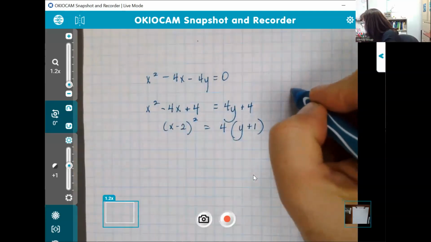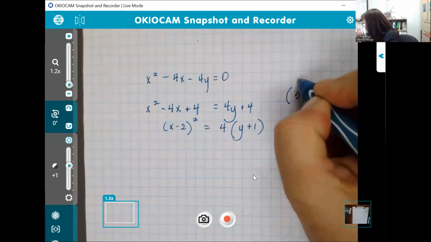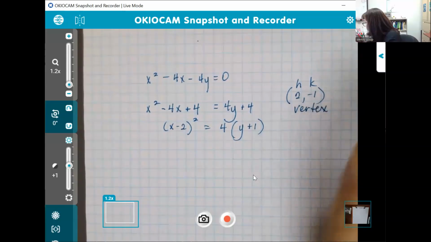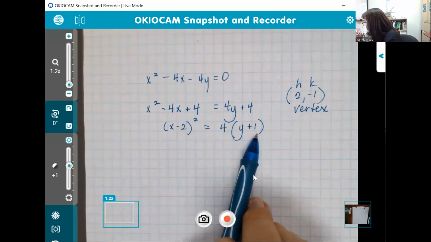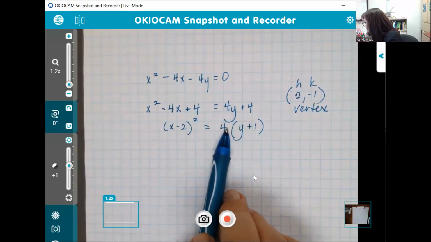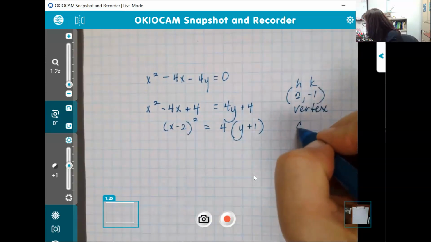My h, k, my vertex, is going to be 2, negative 1. The h is 2. The k is negative 1. I've got 4 times some a value, which equals 4. So my a has to equal 1.